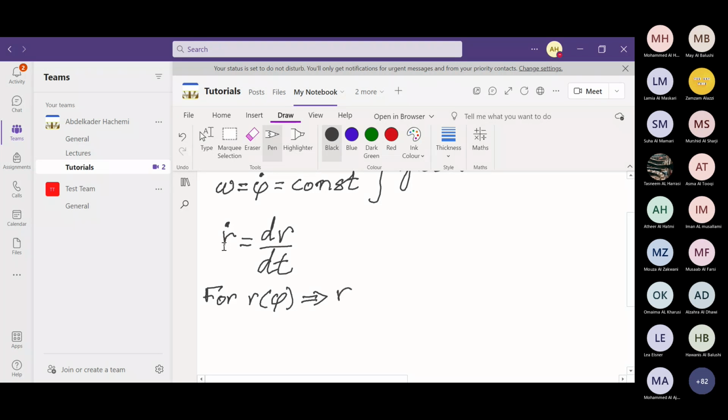Then we have r dot, which is dr over dt, and this is equal to dr over dphi multiplied by dphi over dt.